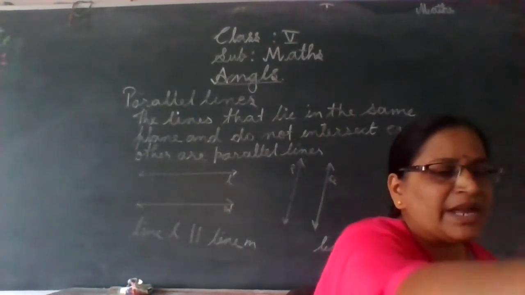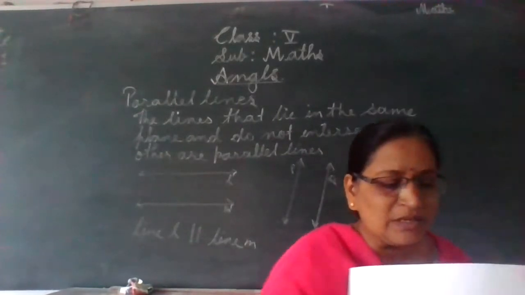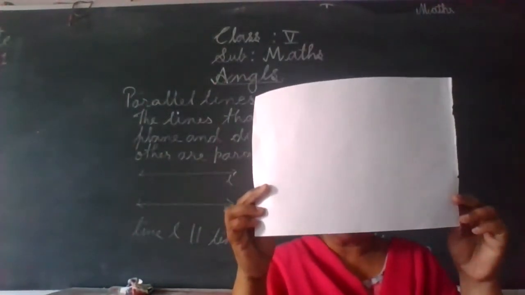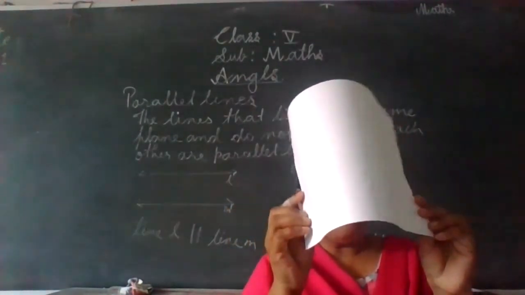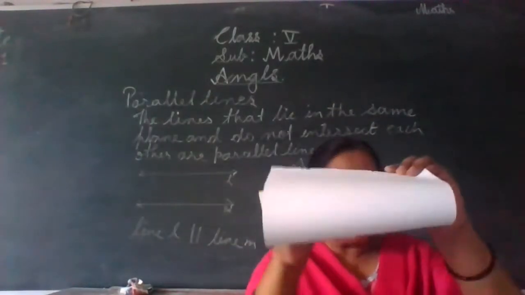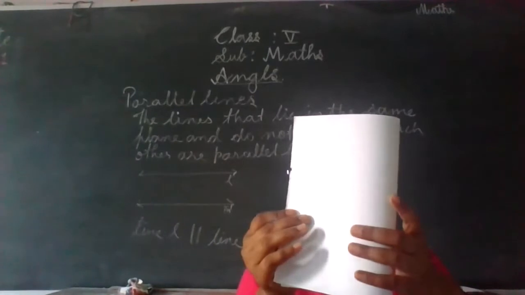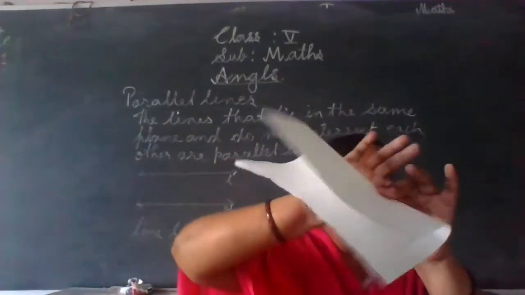So let's see, beta, one activity to form the parallel lines. Here I am taking a rectangular piece of paper, and I fold it in such a way that one edge falls exactly on the opposite edge. See, in this way, here I fold this page.